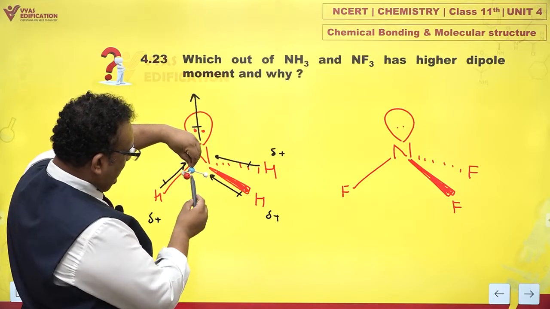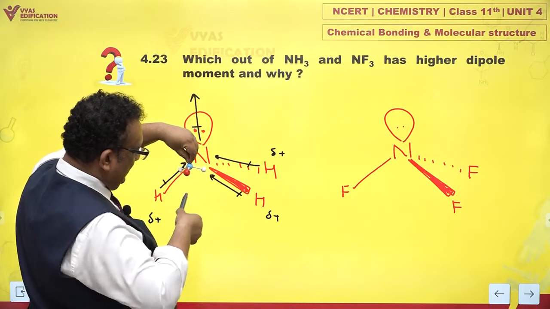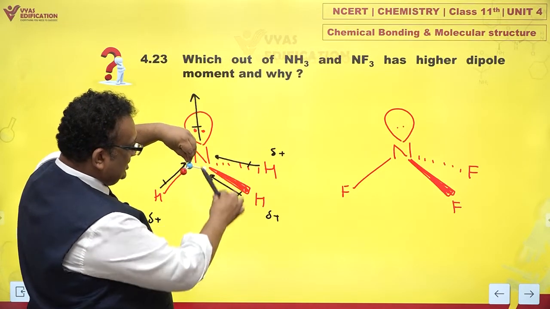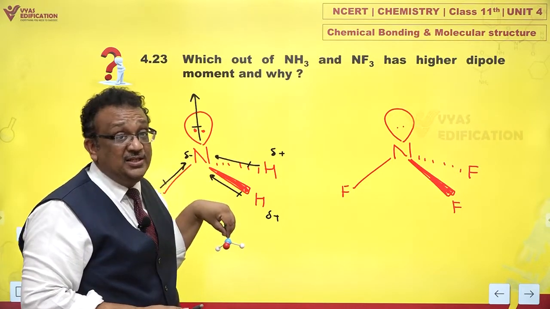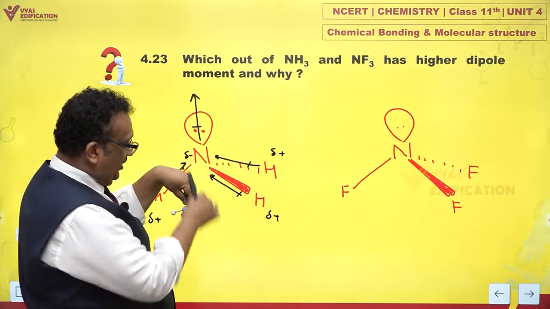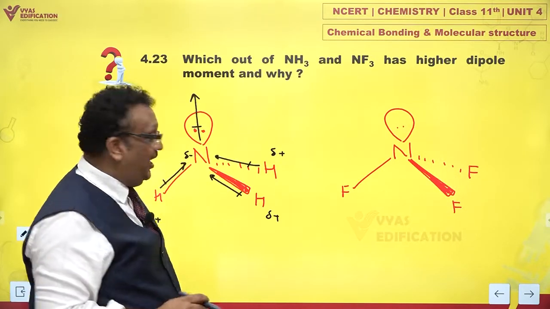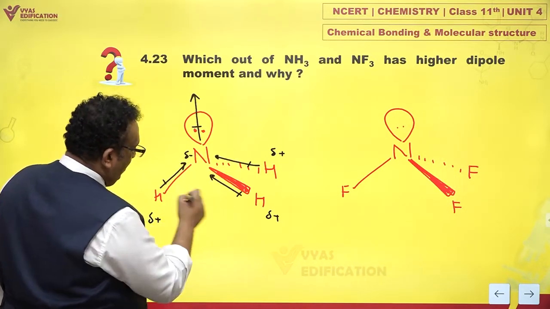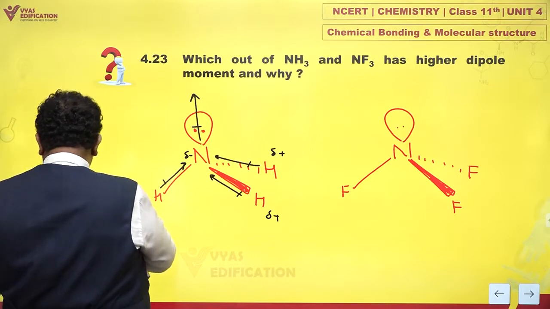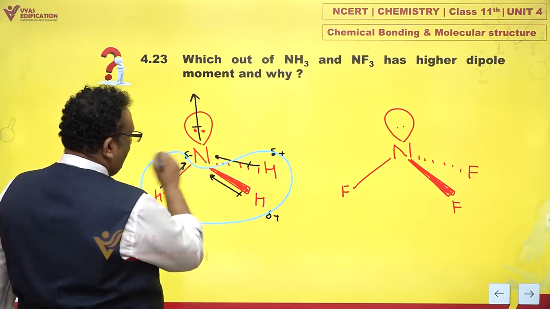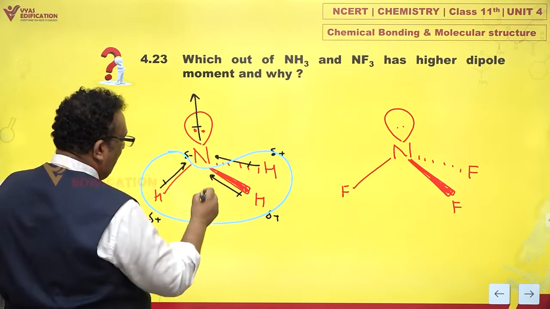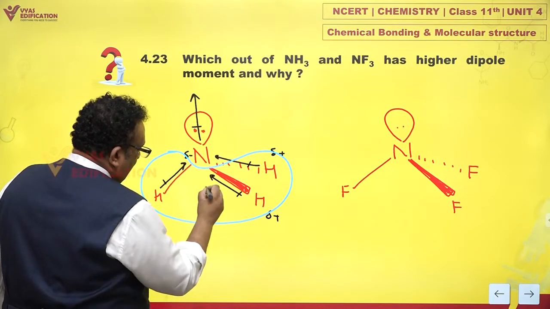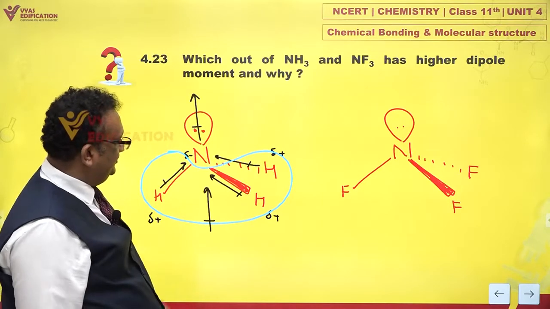Ammonia. So 1, 2, and 3. Do you see, 1 is in this direction, 2 in this direction, 3 in this direction. So their horizontal components will cancel, but the vertical component will add up. So overall, if you combine these 3 hydrogen atoms, you will find that they have an overall dipole moment in upwards direction.